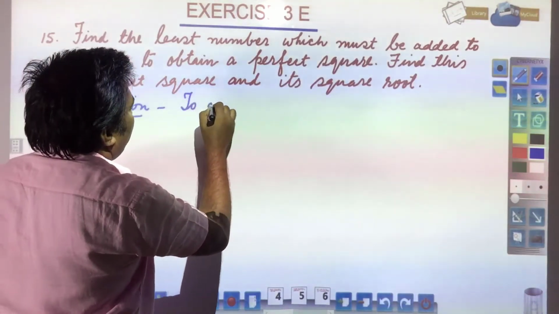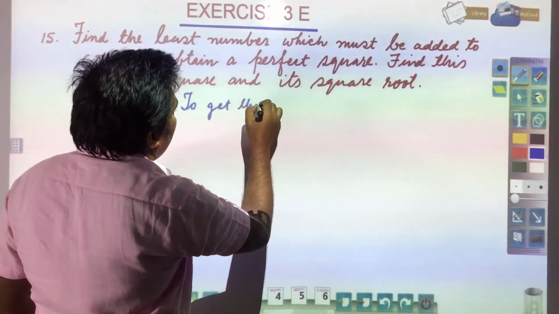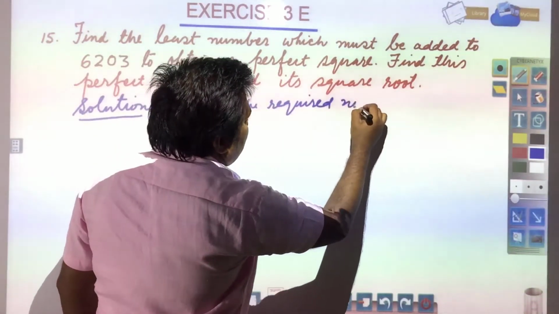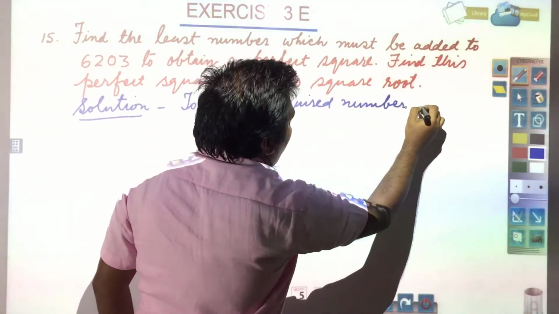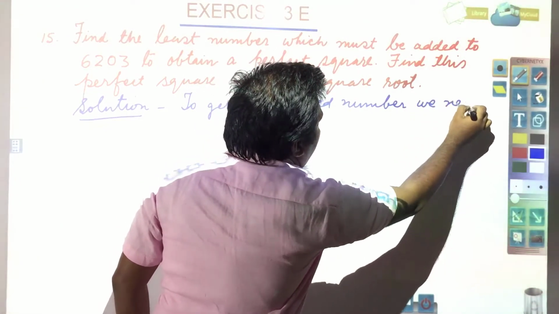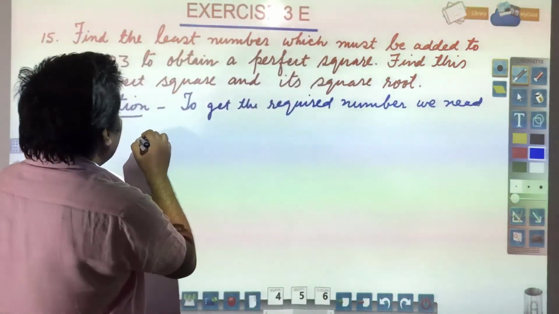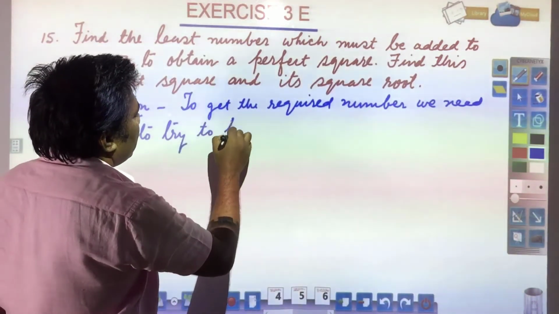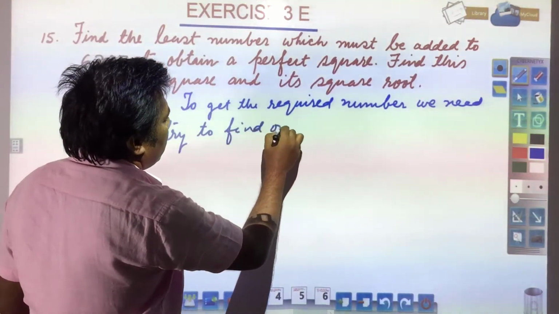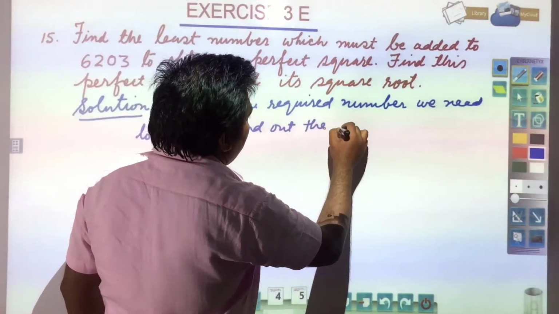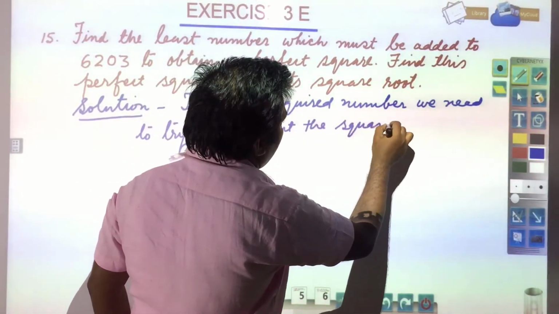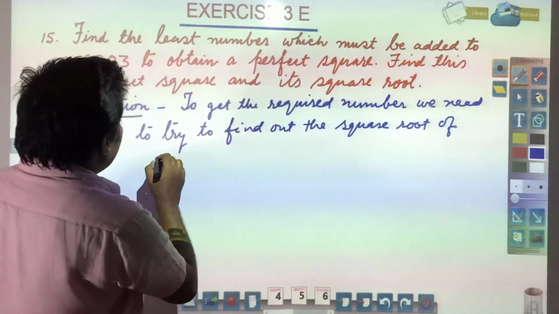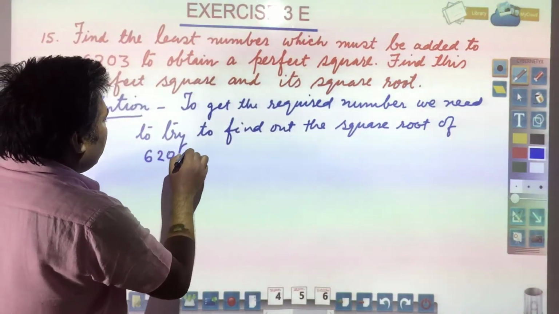We can write: to get the required number, we need to try to find out the square root of 6203.